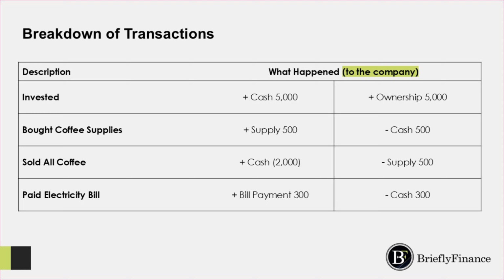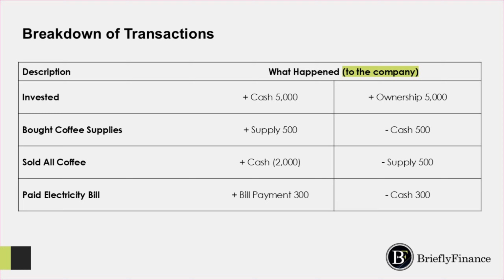The business had the $5,000, but now it paid $500 to buy the supply, and it got the supply increase. So if you see, there are always two variables, sometimes more, of something increasing and another thing decreasing.